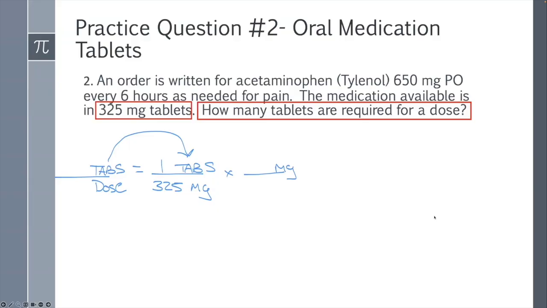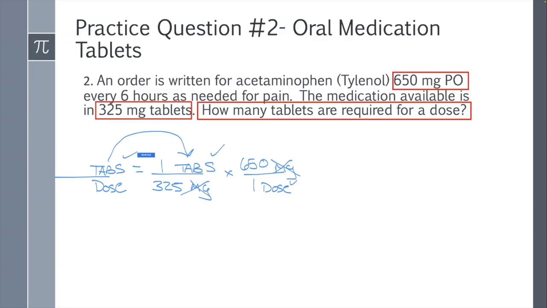My problem says the order is written for acetaminophen, Tylenol, 650 milligrams. There they are right there. Okay. So my doc says, give my patient 650 milligrams per dose. That is what the order means. The order is for 1 dose. That cancels out my milligrams.